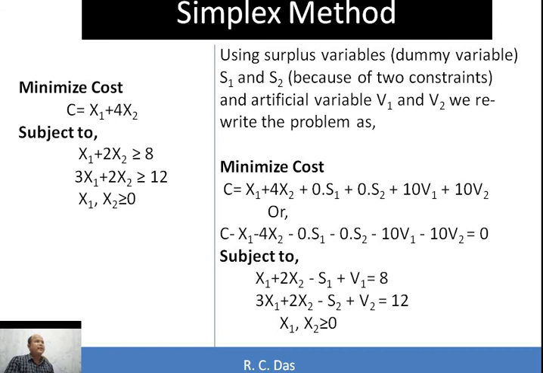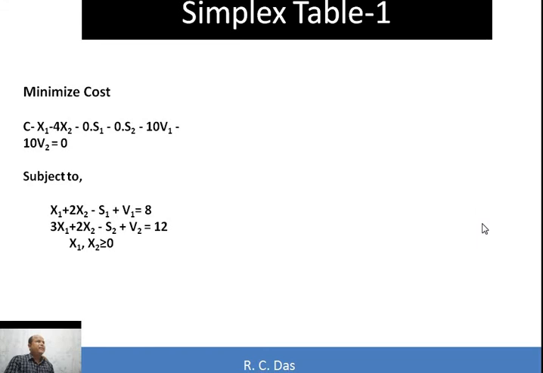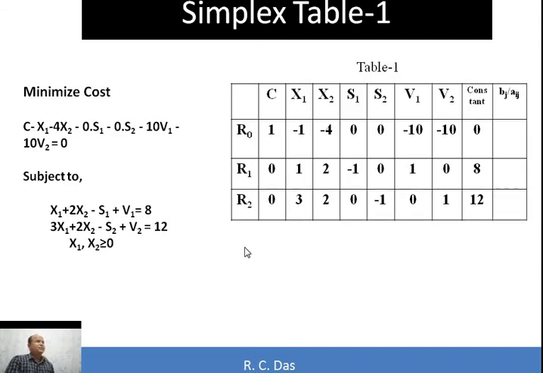Now let us see in the next slide. Minimize cost: C minus x1 minus 4x2 minus 0 multiplied by s1 minus 0 multiplied by s2 minus 10 v1 minus 10 v2 equal to 0, subject to this. Now putting the coefficients of this problem in table number 1, we have the columns C, x1, x2, s1, s2, v1, v2, constant, and the basic column.